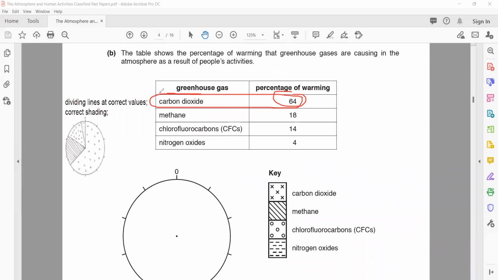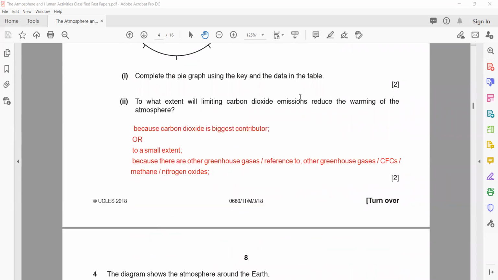You can reduce it, but you cannot finish it because there are other gases which also cause global warming. So you can answer that yes, because it's the biggest contributor, you can reduce it, but you cannot completely finish it because there are other gases which also cause the greenhouse effect. Got it?